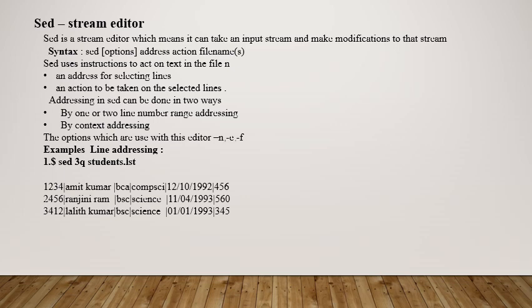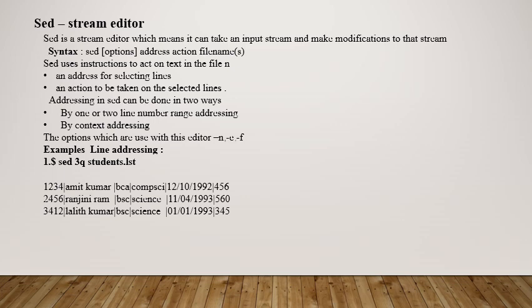Here I've taken an example for line addressing. You can see sed is the keyword, then '3q', applied to student.list. The 3q should be enclosed within single quotes. It displays the first 3 lines, and q will quit.